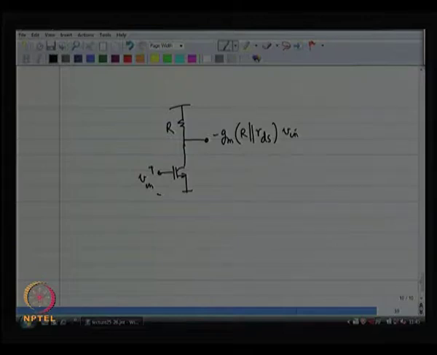Now, this works only if it is a small signal. If V in is a large signal, then gm itself is going to vary, which could be our case, right, and then we are in trouble.